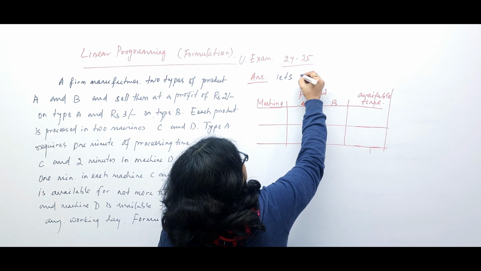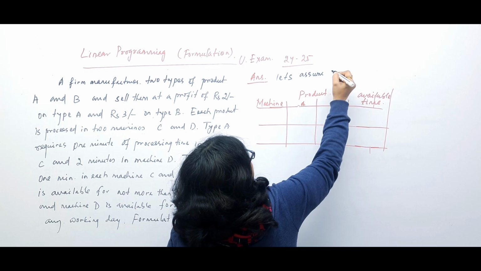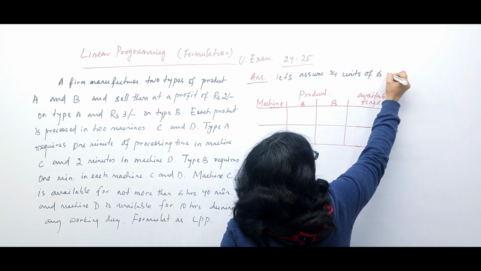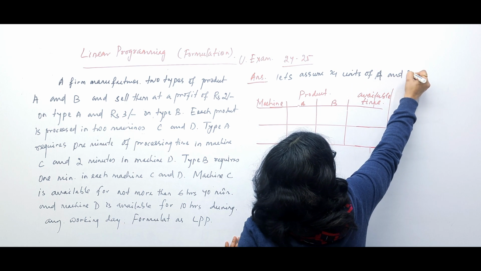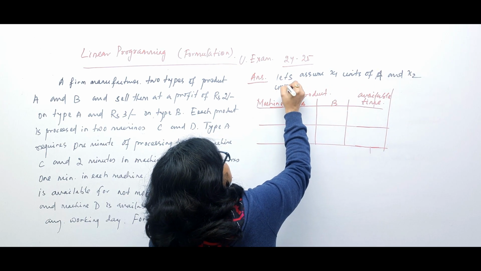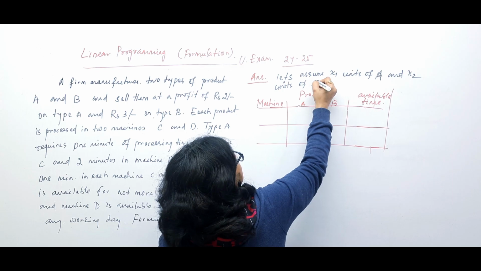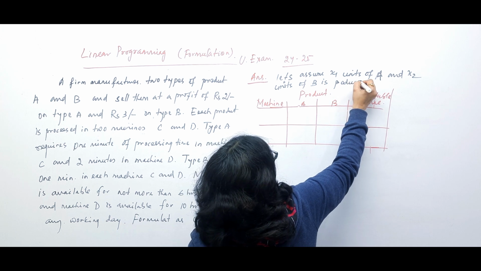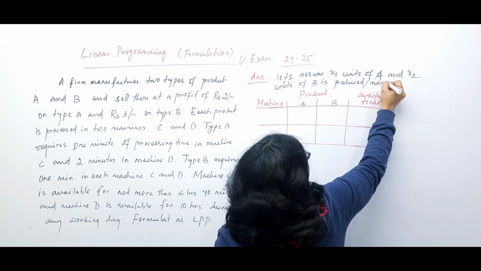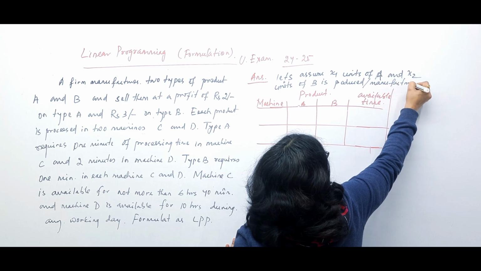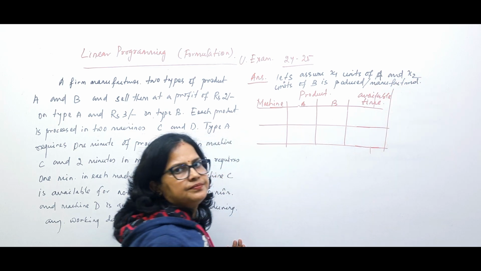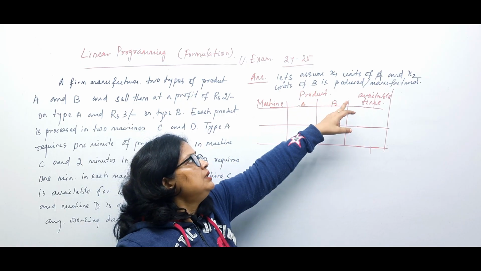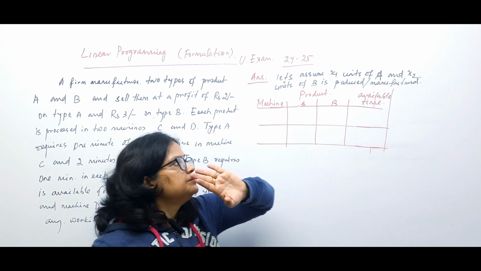Let's assume that x1 units of A and x2 units of B are produced or manufactured.